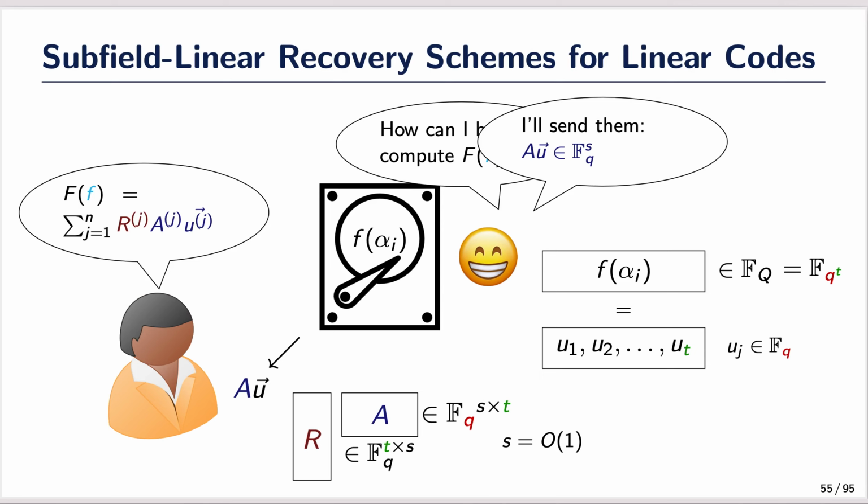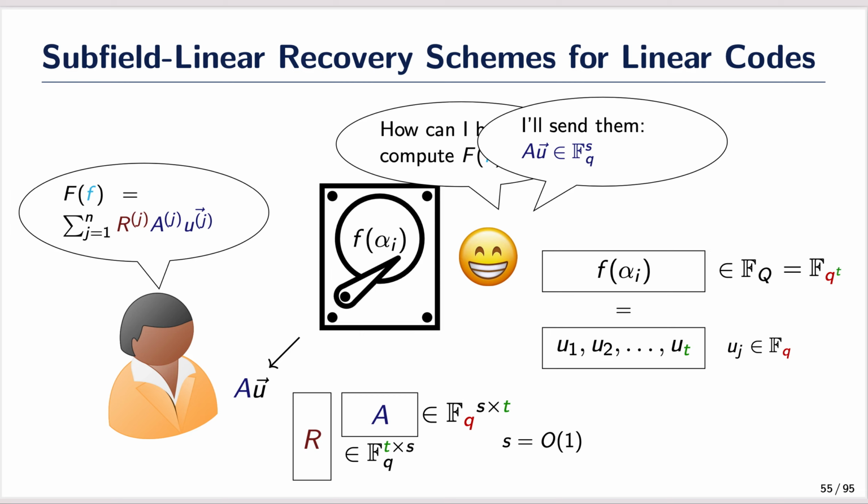Well, they're just going to sum up over all the nodes j, R_j times A_j u_j, right? So they receive A_j u_j, some s-dimensional vector, and they multiply it by some tall t by s matrix R. I haven't told you yet how you get the R matrix or the A matrix, but if you had the appropriate matrices, then this would define some linear recovery scheme for this code.